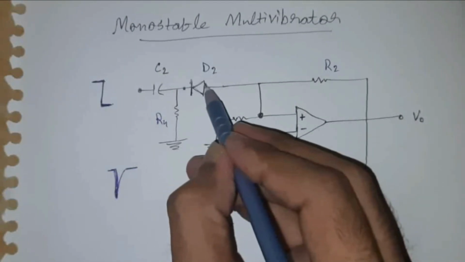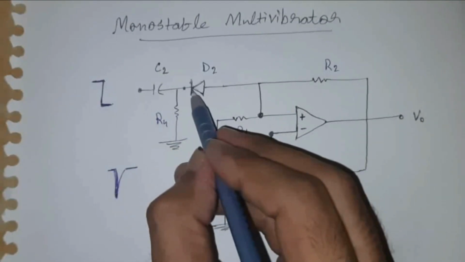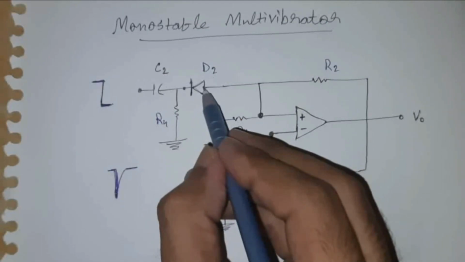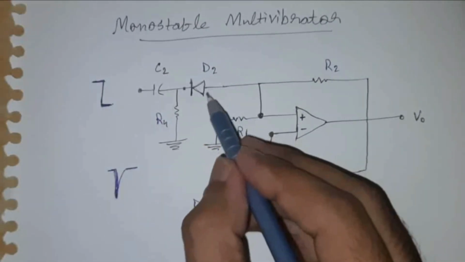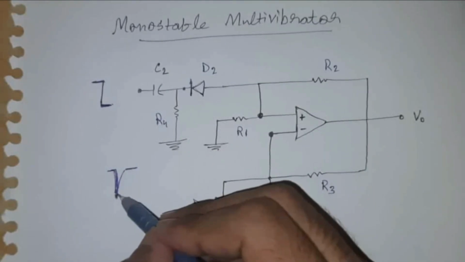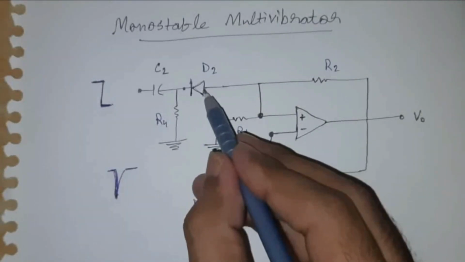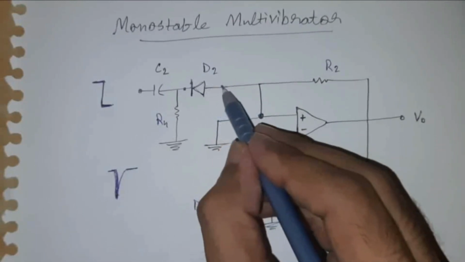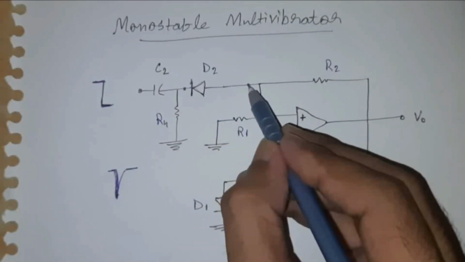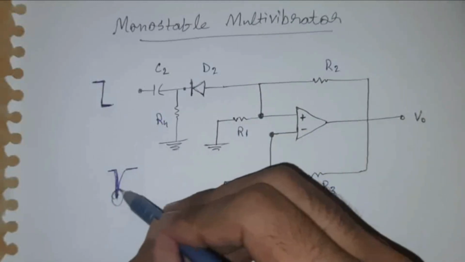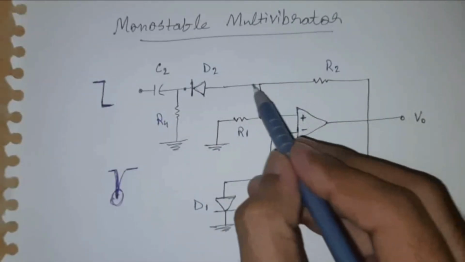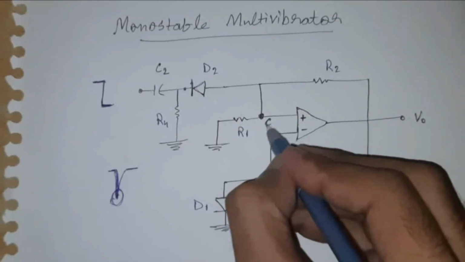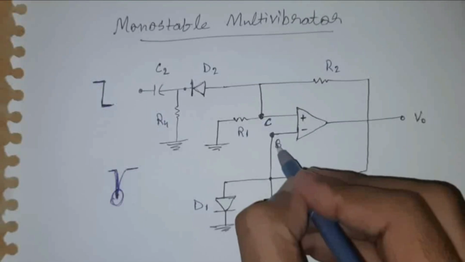Whenever there is negative voltage applied at this end, only then this diode D2 will turn on. So this pulse makes diode D2 on, or forward biased, momentarily, and hence D2 passes this negative spike to this point. Let us suppose it is point C, and for supposition we are naming this point B.